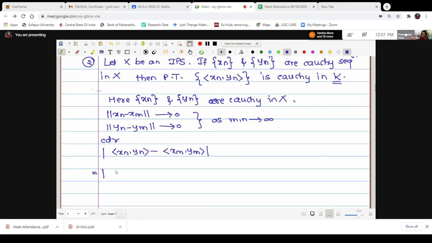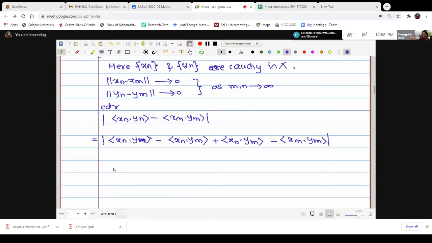In order to prove the result, we will make a simple adjustment of adding and subtracting an inner product. Which term am I adding and subtracting? The term I am going to add and subtract is inner product xn with ym. The last term, inner product xm ym, will be as it is.